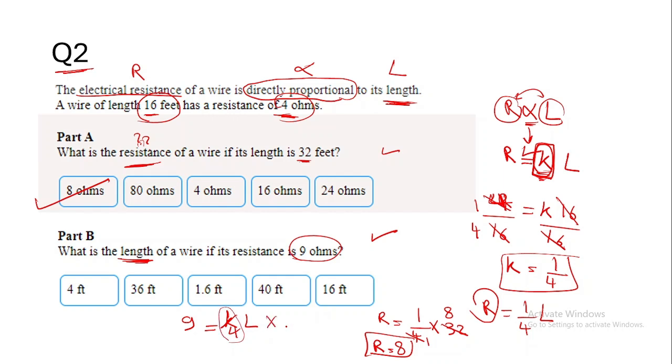So we'll multiply this side by 4. As we multiply this side by 4, we multiply the other side also by 4. So 4 by 9, L will be equal to 36. So this will be the other answer. Okay, so we'll move to the other question.